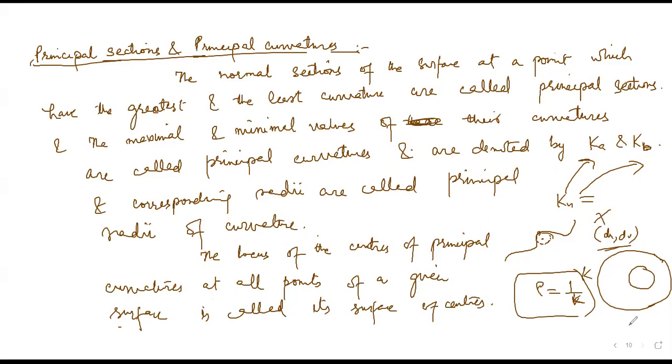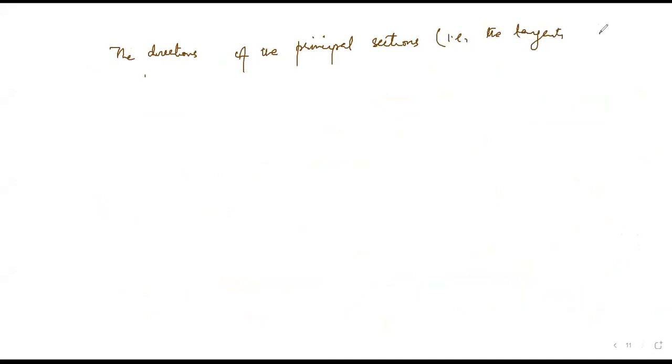The directions of the principal sections, यानी जो दो खास normal sections हैं उनको हम कहते हैं principal directions. The directions of the principal sections, i.e., by that I mean the tangents of the principal sections at a point.